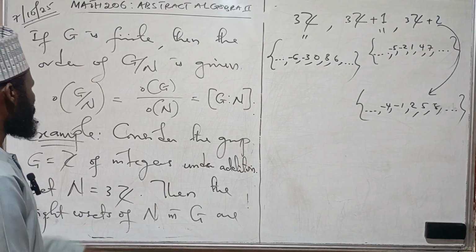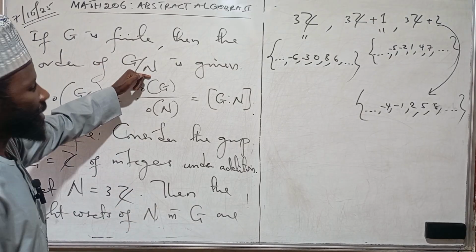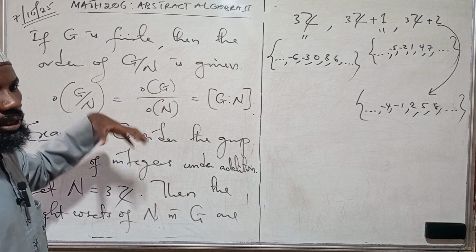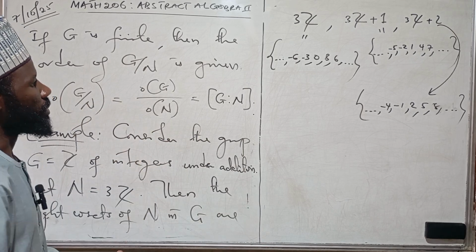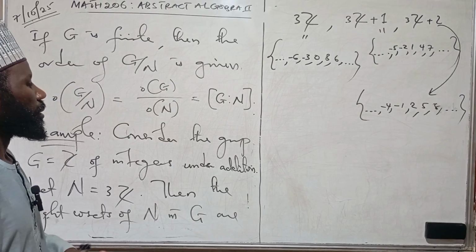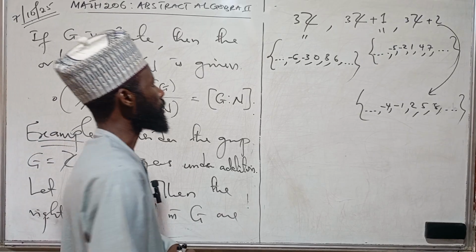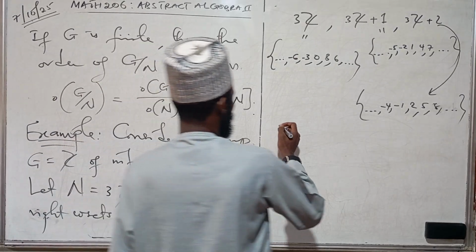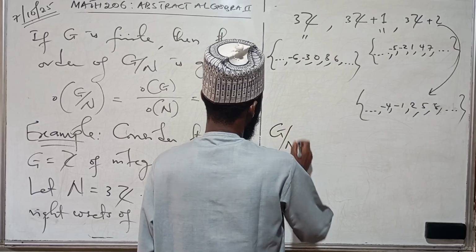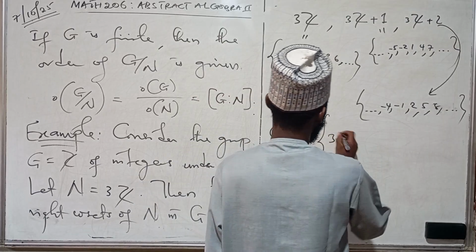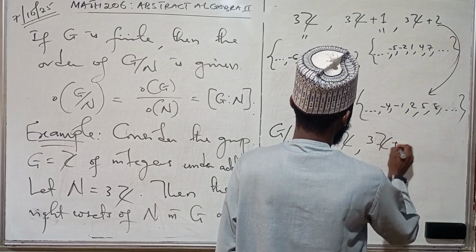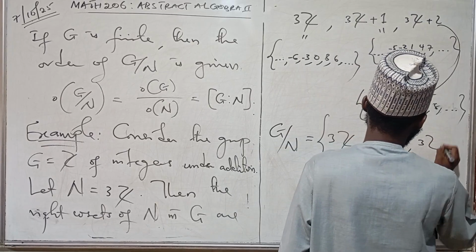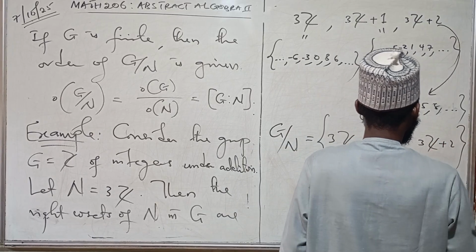So actually, if you unite all the elements of G by N, you will get G, because this is a partitioning of the group into coset classes. That is congruence classes. So then it means G by N in this case will consist of this element 3Z, 3Z plus 1 and then 3Z plus 2.